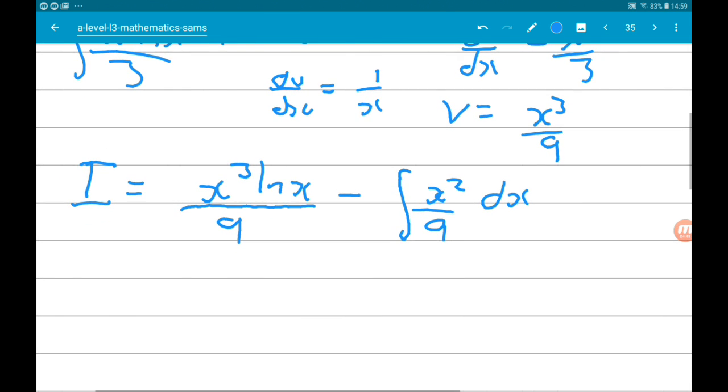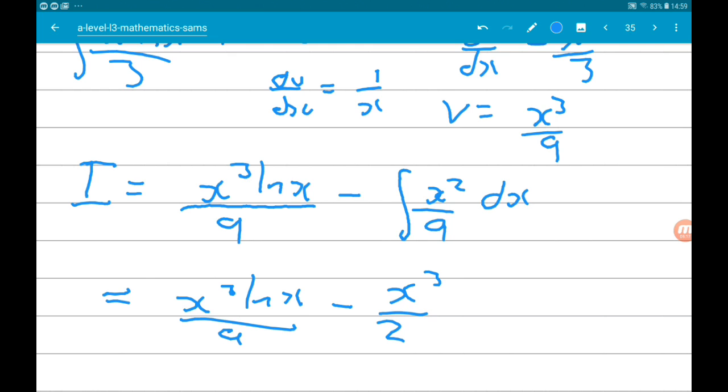So that then is x cubed log x over 9 minus the integral of x squared over 9, so that's x cubed over 27. Now, because this is part of our definite integral up above, I'm not going to worry about the plus c.